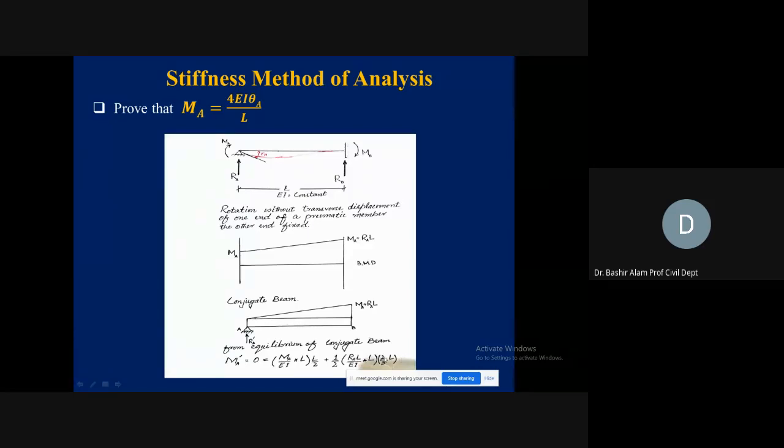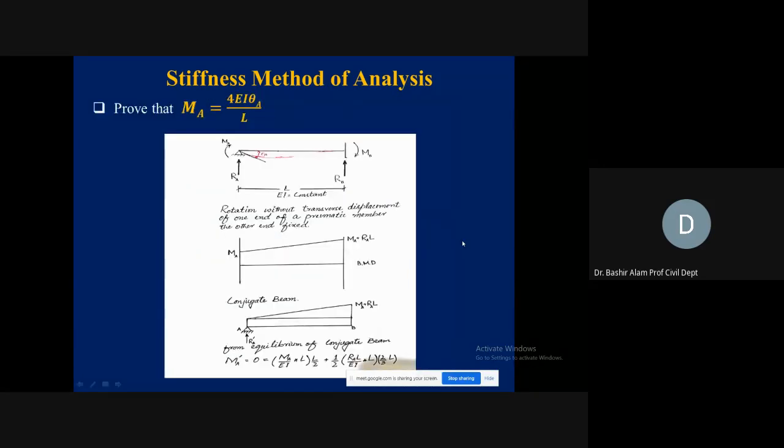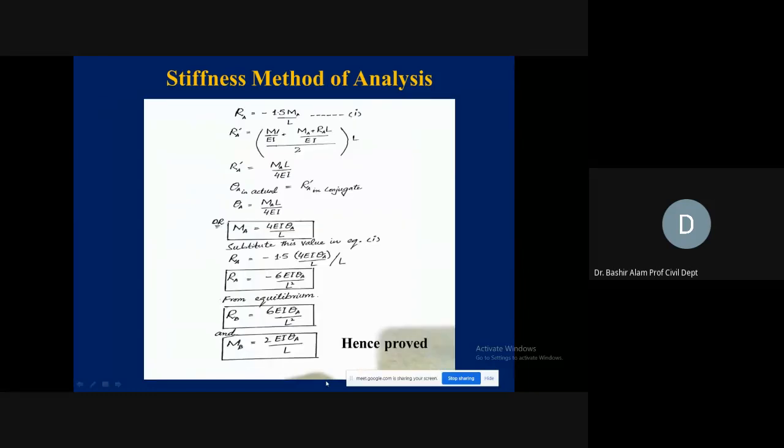So MA prime equal to 0, if we take the moment of this rectangle and triangle. In the next slide, we now solve this: we take MA over EI to the right and then solve it for RA. So RA is becoming equal to minus 1.5 MA divided by L.